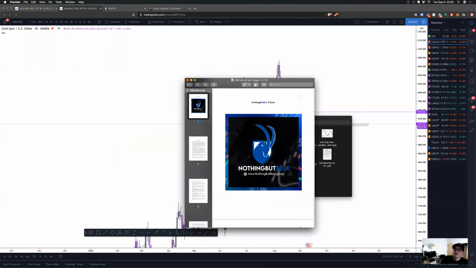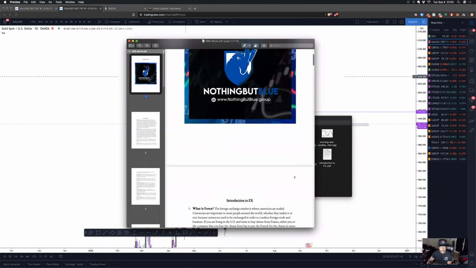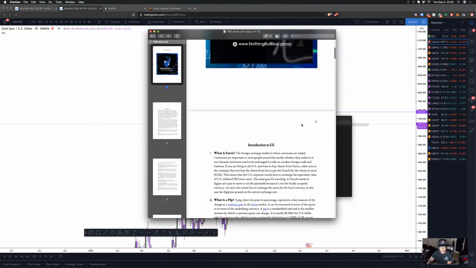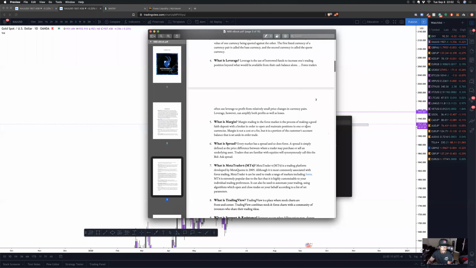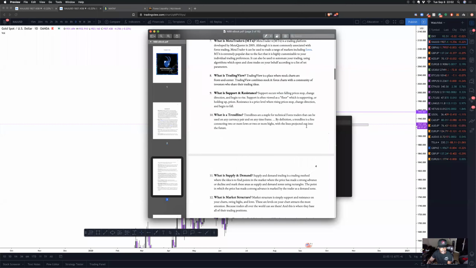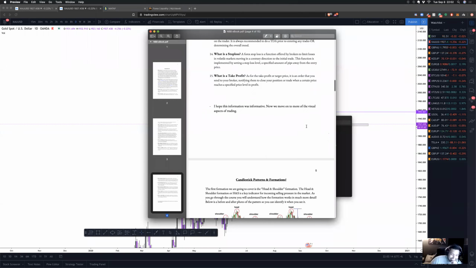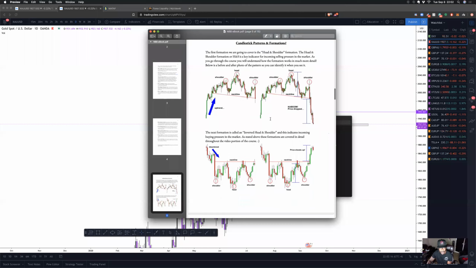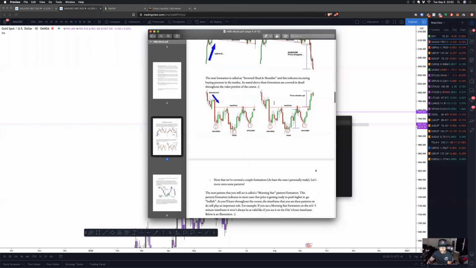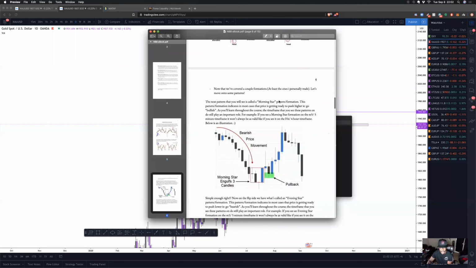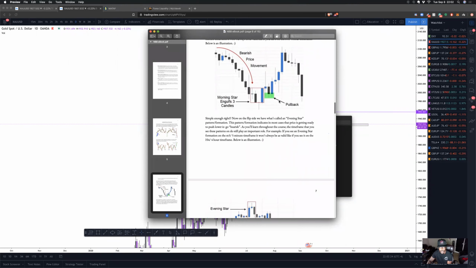So just to scroll through it really quick. It goes through the very, very basic stuff. What's a pip? What's a pair? What's leverage? What is a stop loss? What's a take profit? Market structure patterns that I was just covering, like inverted head and shoulders.